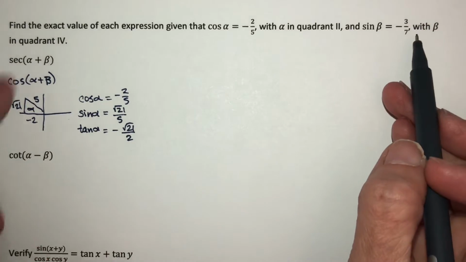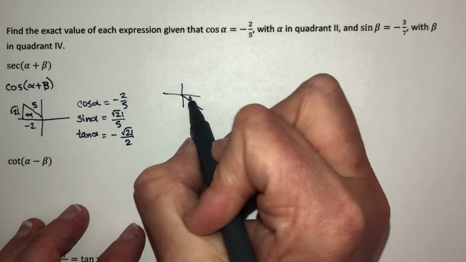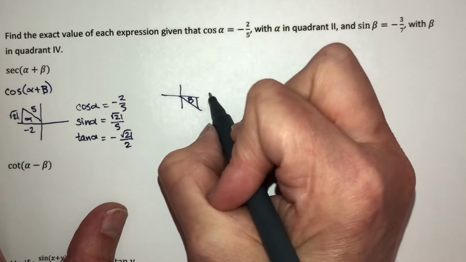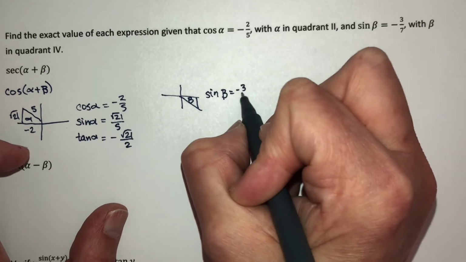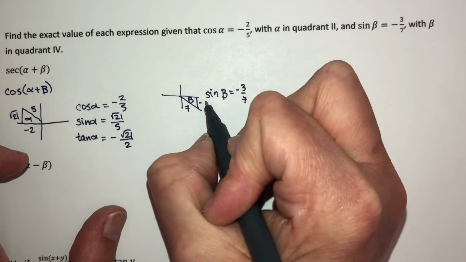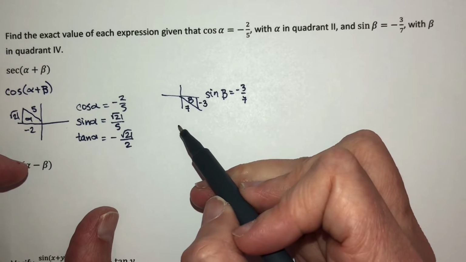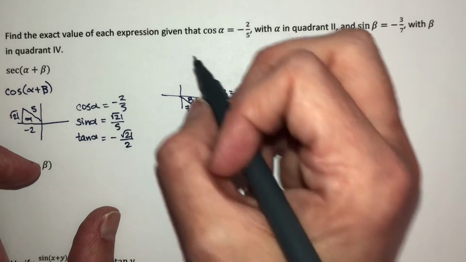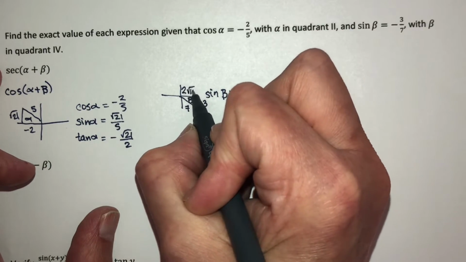Now for beta is in quadrant 4. So that's down here. Okay, and we know sine of beta is negative 3/7. So this is 7. This is going to be negative 3. 7 squared minus 3 squared will be, and then take the square root of that, and you get 2 times the square root of 10.